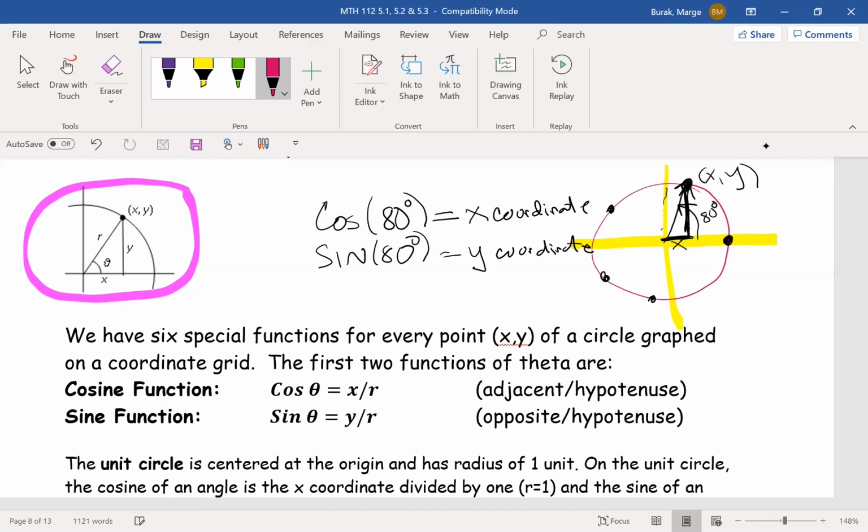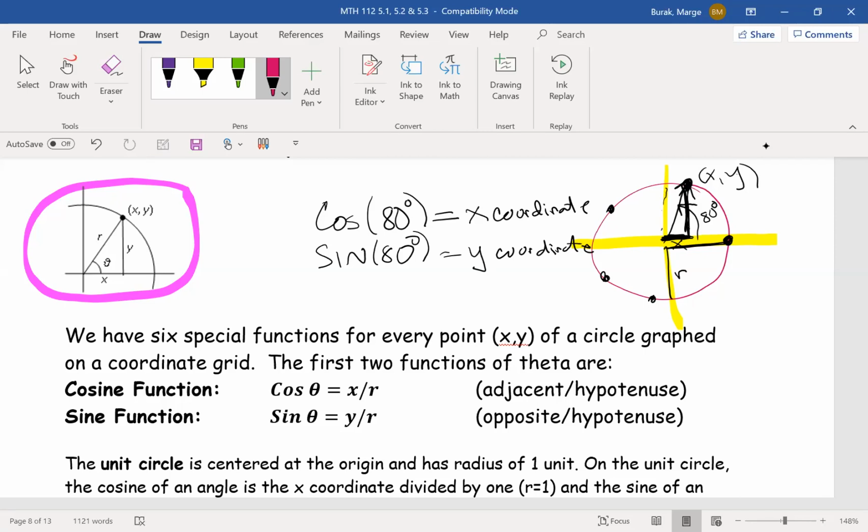Okay, and those are the functions. So you have to take the x coordinate and divide it by the radius. I'm sorry, I was thinking we were on the unit circle, but suppose it's a great big circle, and say the radius is 10. You have to take this length, the x coordinate, and divide it by the radius, however big the radius is on this circle.